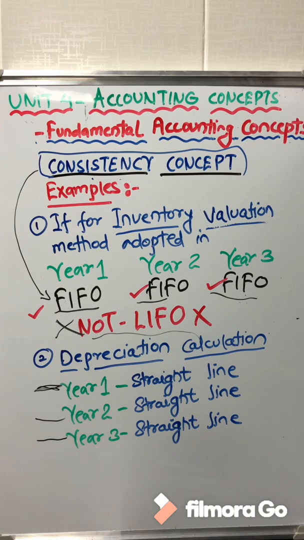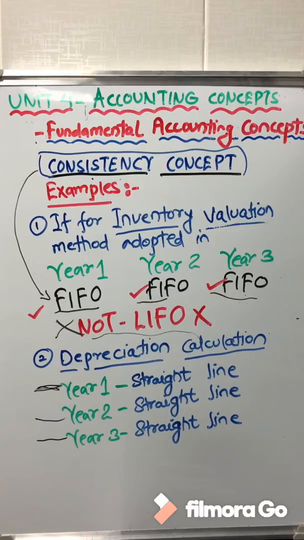So what is the method? How can we change? What if you want to take another method in year 2 or year 3? I'll take the example of depreciation. If a business chooses to depreciate a non-current asset using the straight line method, it must continue to use this method for the useful life of the asset.